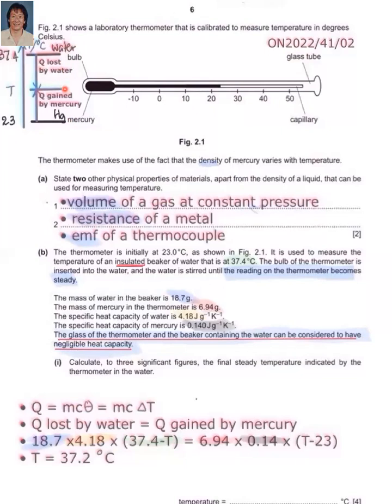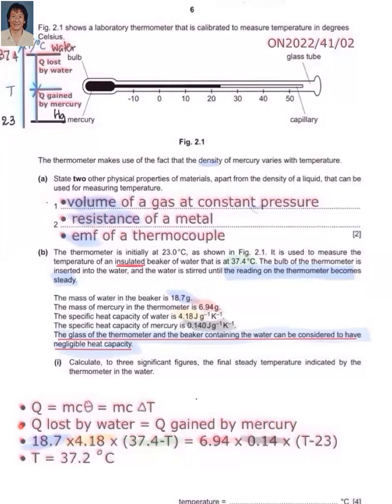To solve this question, we have to set up an equation. The heat energy lost by water equals the heat energy gained by mercury. The heat energy lost by the beaker and gained by the glass of the thermometer can be ignored because their heat capacity is negligible.